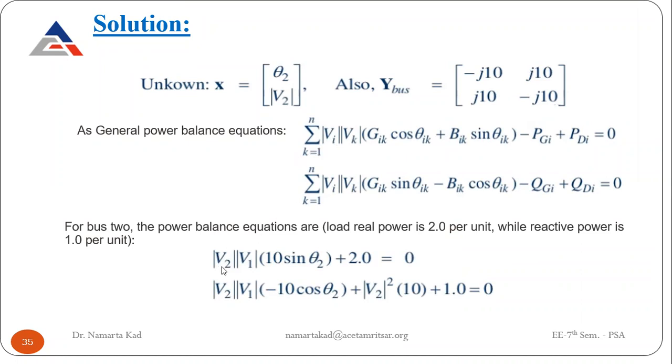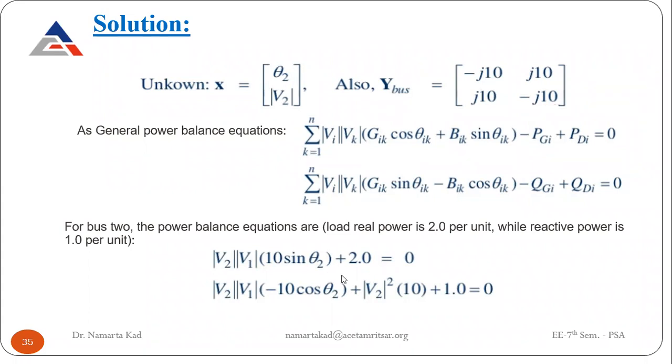V2 magnitude into V1 magnitude, Ks is 1, G is 10, sine, actually G is 0 here, because as you have seen here, there is no real part in this, only the imaginary part is there. So G is 0, and this term comes out to be 0 plus B is 10, 10 sine of theta 2.